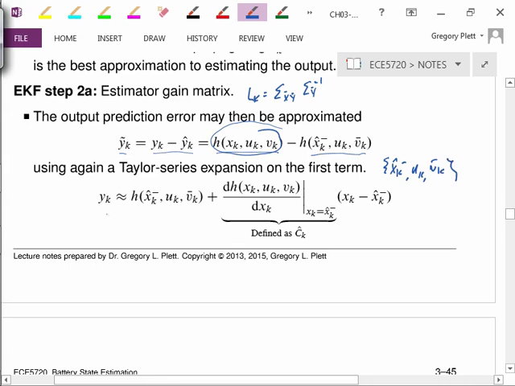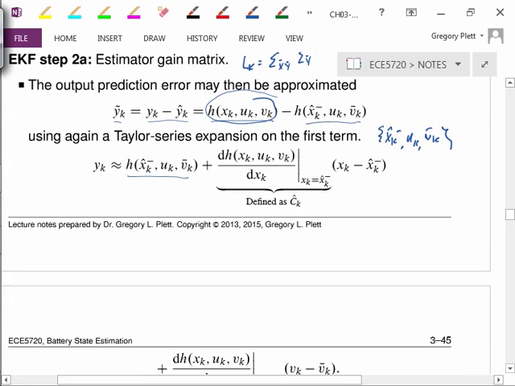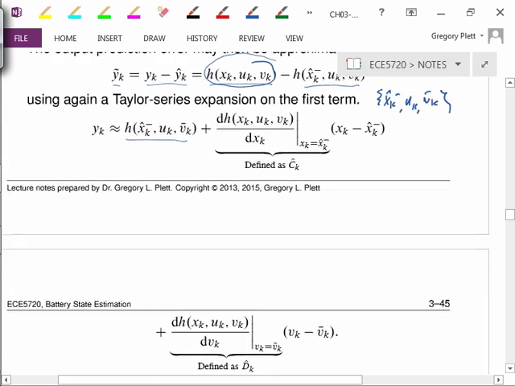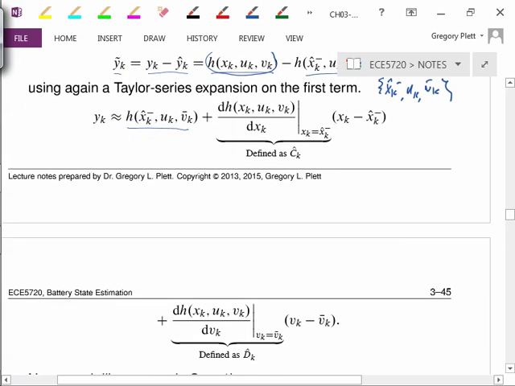And that gives us y k is about equal to h of x hat plus dh by dx, evaluated at x equals x hat, times x minus x hat, and so on. Down here, similar thing with v. Exactly the same idea as we encountered in step 1b, just used in a different context here in step 2a.